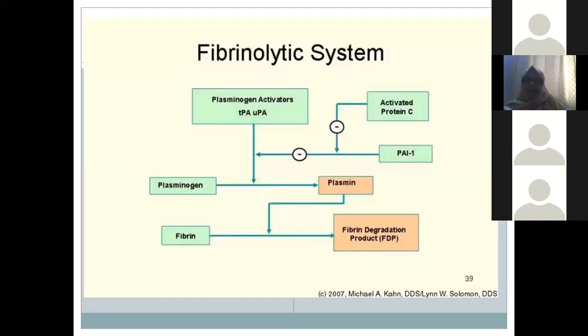So come to the fibrinolytic system. For the anticoagulants, we discussed the intrinsic and extrinsic pathway. In the fibrinolytic system, a plasminogen activator, that is tissue plasminogen activator, activates plasminogen to plasmin. This plasmin converts fibrin to fibrin degradation products.